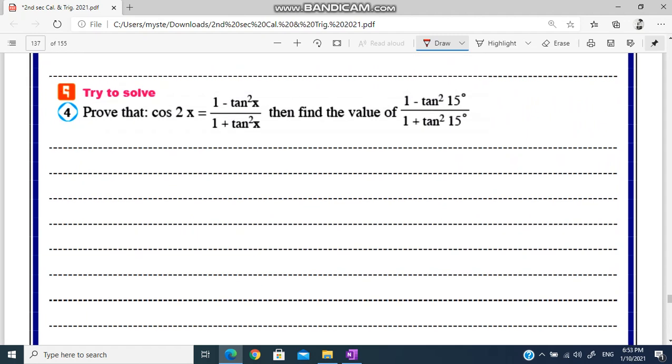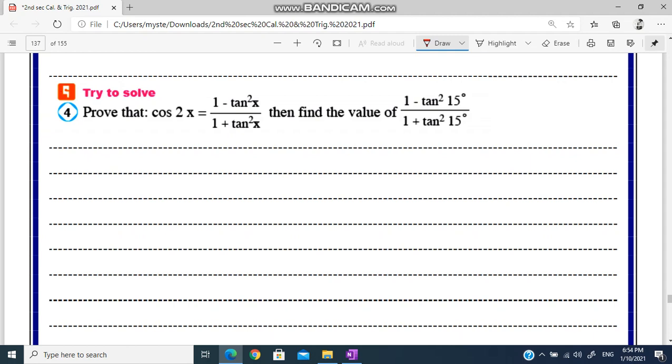Another one. Prove that cosine 2x equals (1 minus tan squared x) over (1 plus tan squared x). Then find the value of (1 minus tan squared 15) over (1 plus tan squared 15).